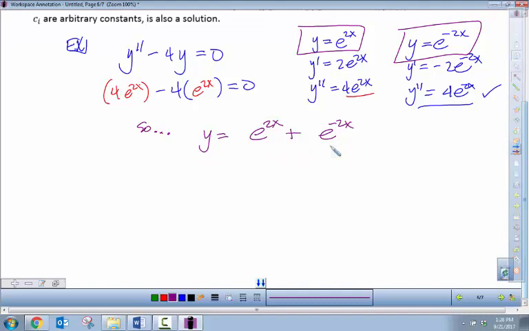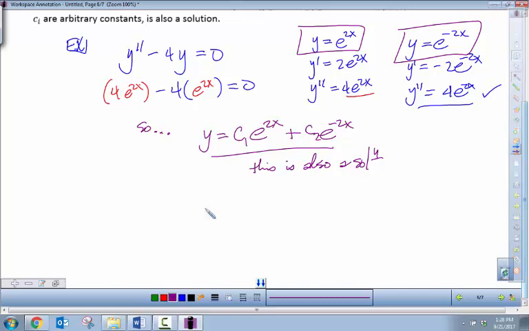In fact, what if I change the constants to C1 and C2? So this is also a solution to the differential equation.